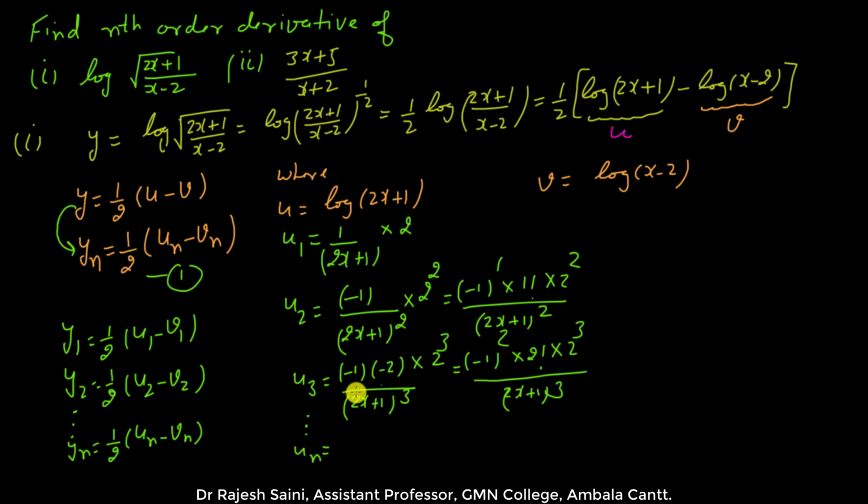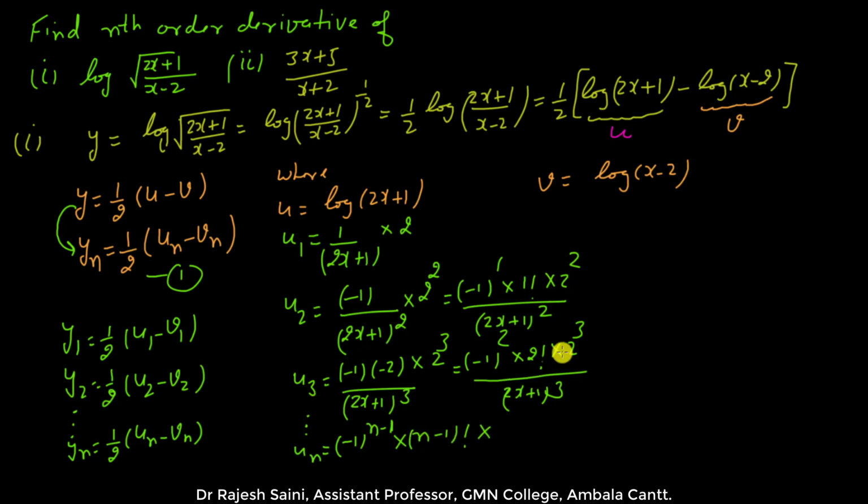Now you see, whenever here is 3, here is 1 less power of minus 1. So whenever here will be n, it will be minus 1 raised to the power n minus 1. When here is 3, here is 2 factorial. When here is 2, here is 1 factorial. So whenever here will be n, here will be n minus 1 factorial.